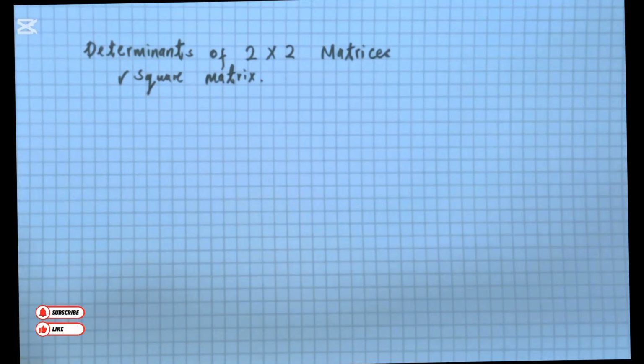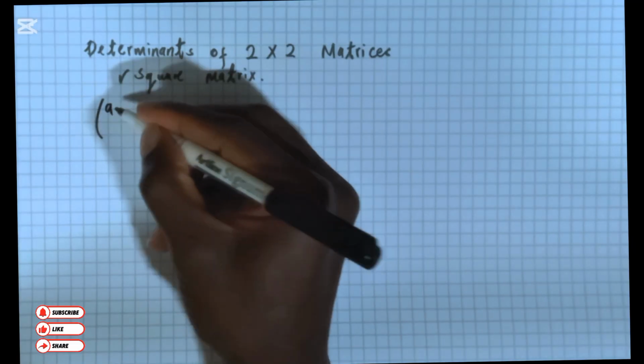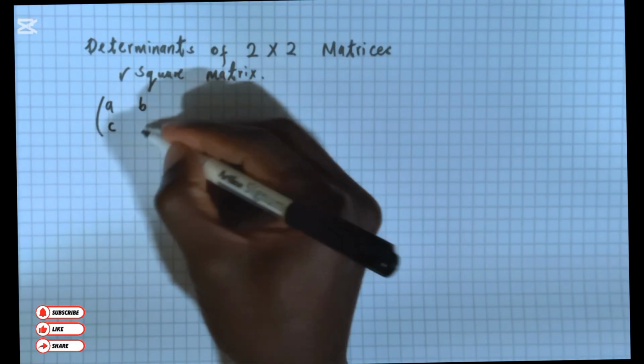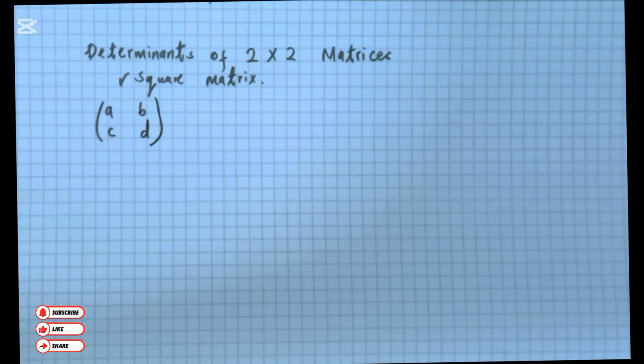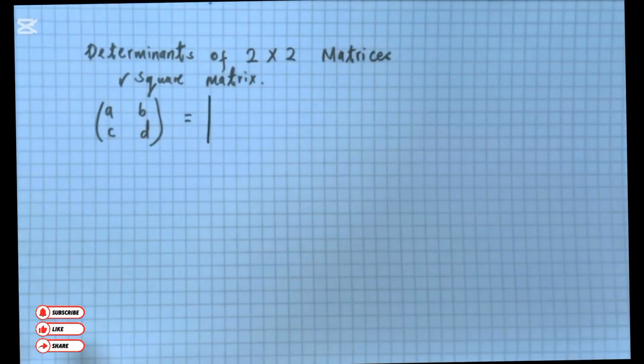Then another thing I also want to say is that when we are talking of determinant, let's say you're given a matrix with A, B, C, and D as the elements, then we will always, first of all, want to treat it in its absolute form.